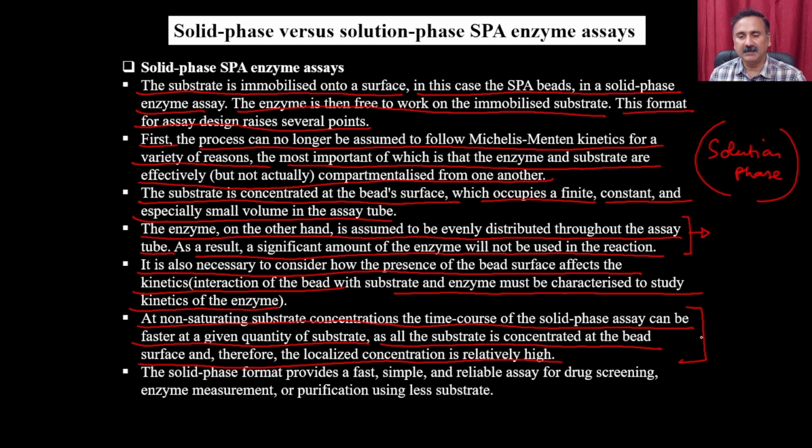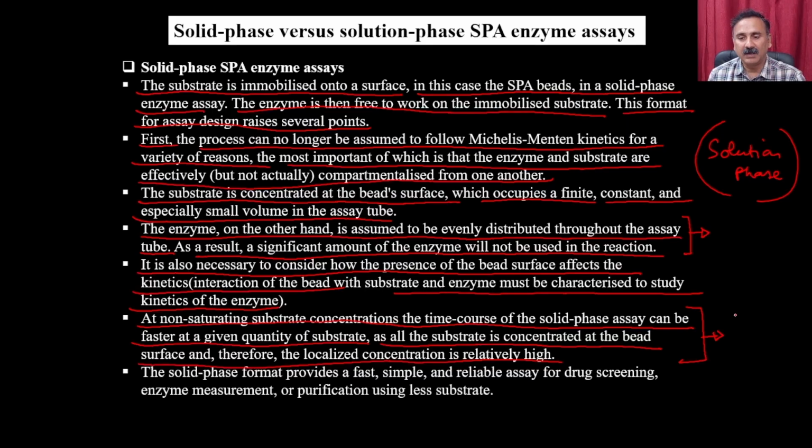So one of the major drawbacks of the solid phase is that the substrate is not evenly distributed. It's very concentrated. So the initial rate of reaction is going to be very fast because the substrate concentration is very high. But later on, it is going to be very low because the substrate has already been consumed, right? So you are not going to get the equilibrium state.